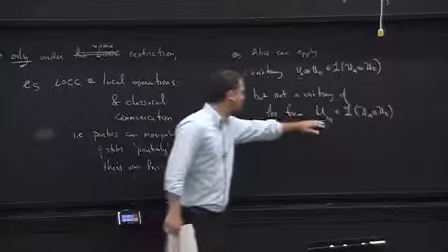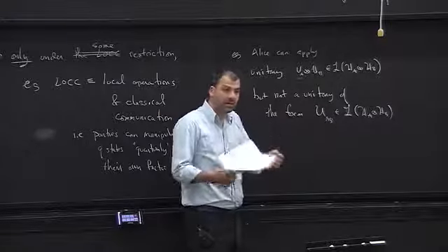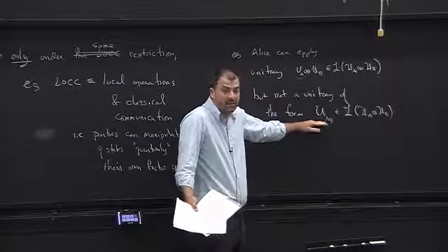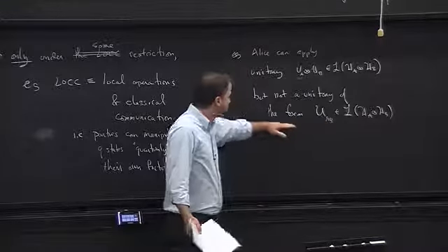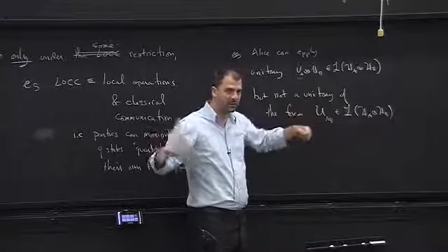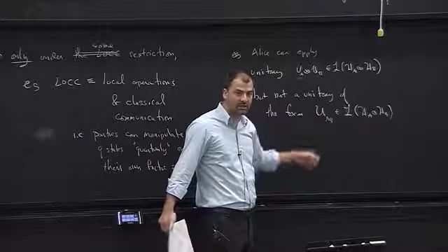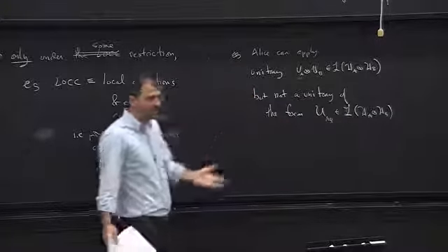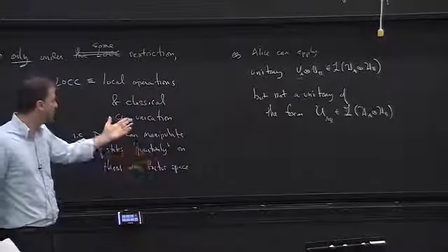So this could include something that couples the two systems, the kind of thing that would actually create entanglement given product states. If she can create entanglement for free, because she can remotely control the system of Bob and her own system at the same time with unitary transformations, then obviously entanglement isn't a resource because she can just do it, right?